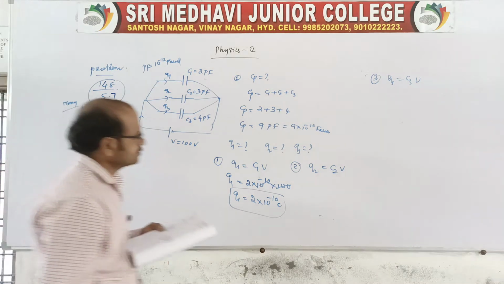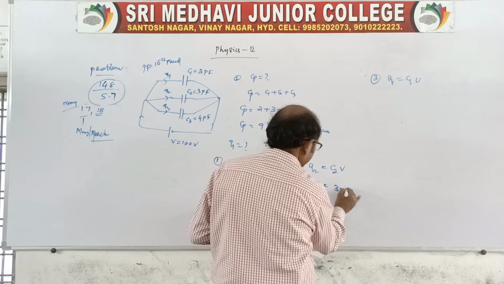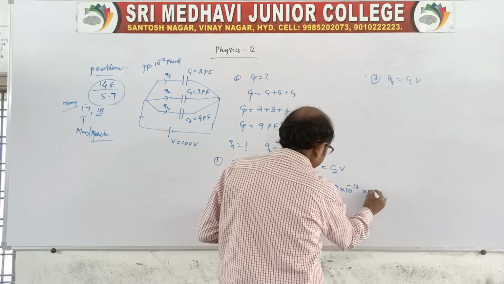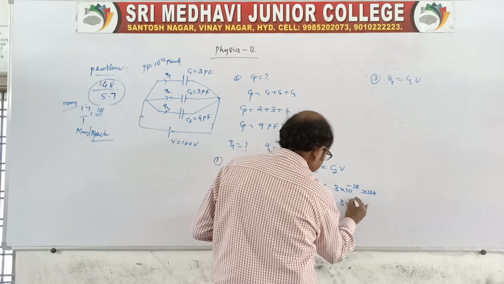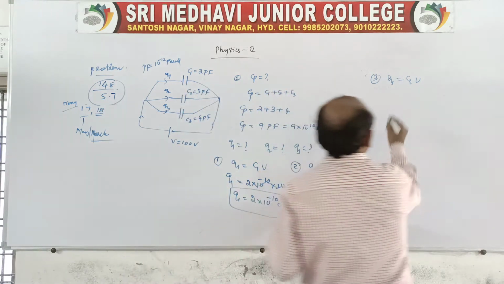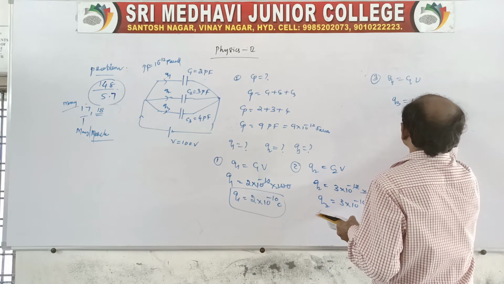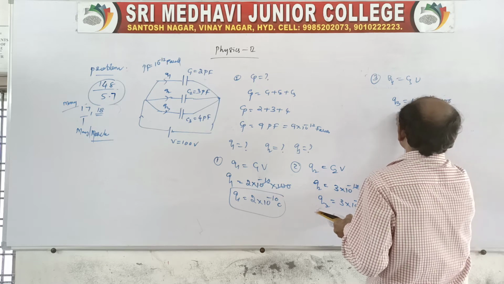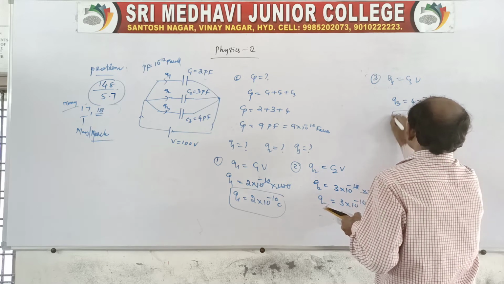And you go for the second, Q2: C2 is 3 into 10 power minus 12 into 100 again, so this will be cancelled. Q2 is equal to 3 into 10 power minus 10 coulombs. And the last one, Q3 is equal to C3, which is 4 into 10 power minus 12, into V, which is 100. So this will be cancelled. Q3 is equal to 4 into 10 power minus 10 coulombs.